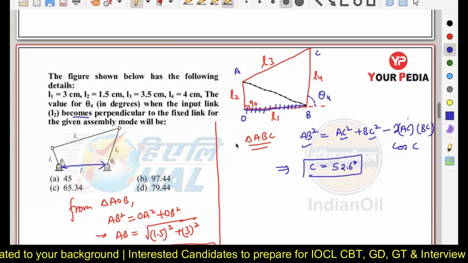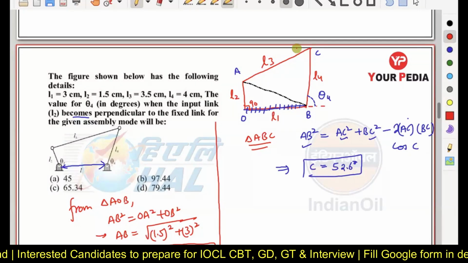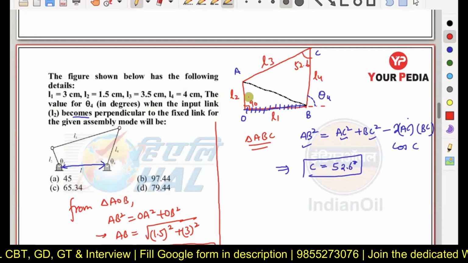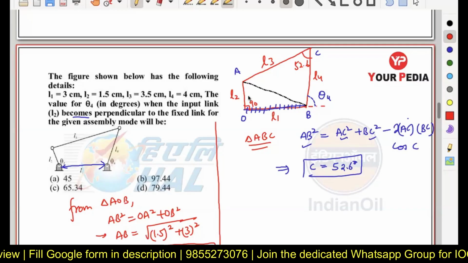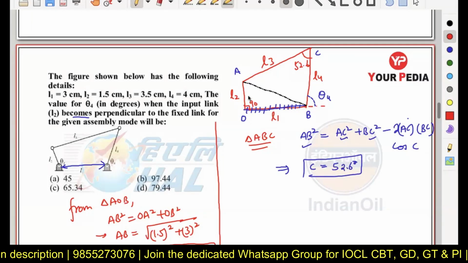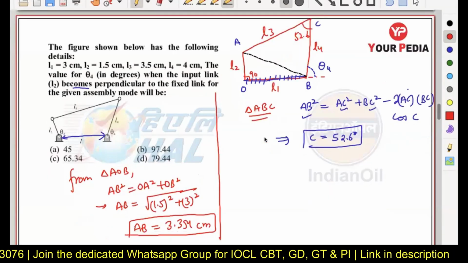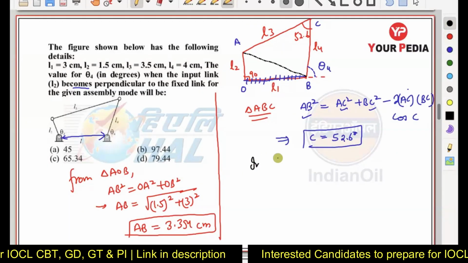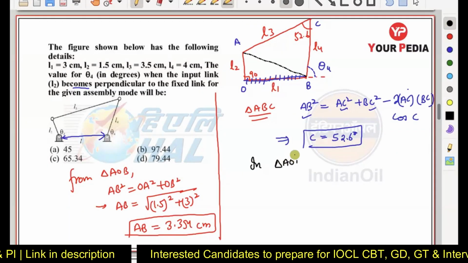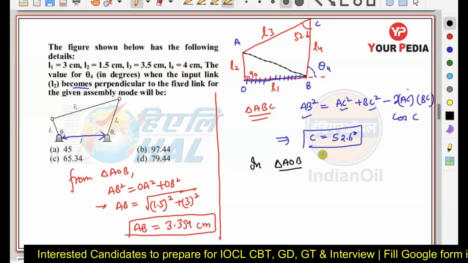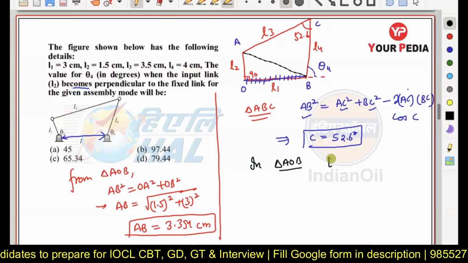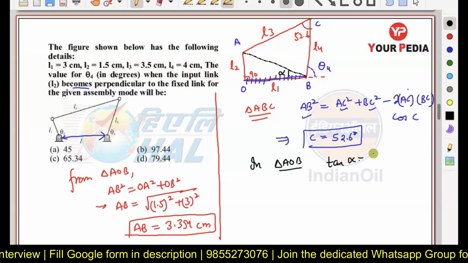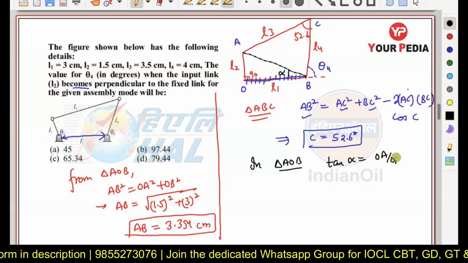Now we know the angle C, it is coming out to be 52.6. We know the angle O, that is 90 degree here, and now we are going to find out the remaining angles. Again, coming back to triangle AOB, I can simply write tan of alpha is going to be equivalent to OA divided by OB.